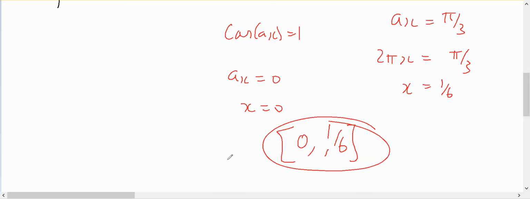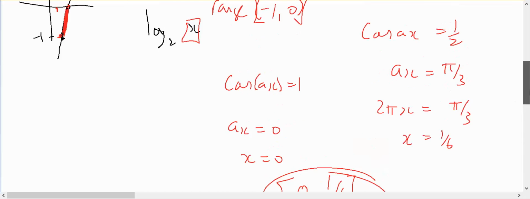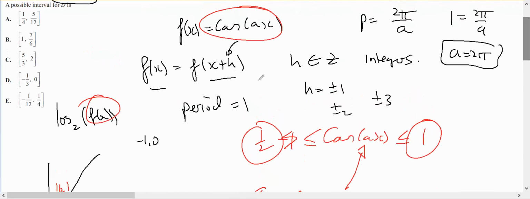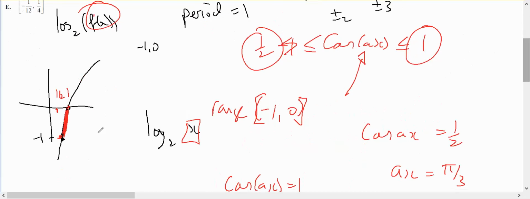And if the interval is 0 to 1/6, then when you put it into there, you'll get a range of 1/2 to 1. And if you put 1/2 to 1 into here, then you will get a range out that is -1 to 0.